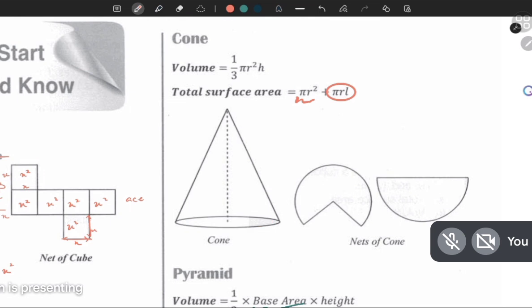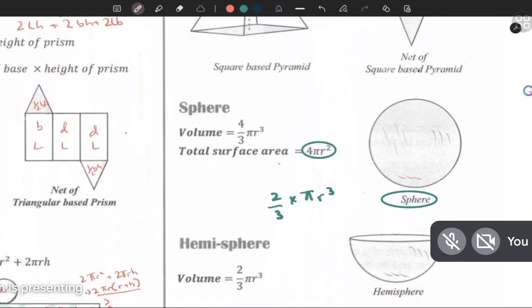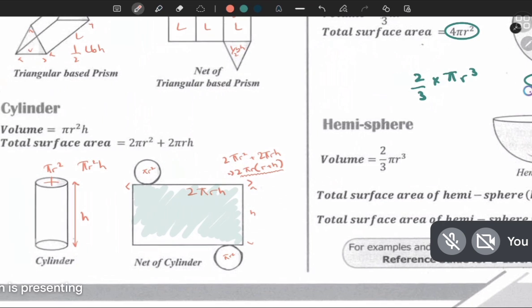And then you have the sphere. For the hemisphere, we will take the hollow one, 2 pi r square. Why not 3 pi r square? Because we're not adding the circle beneath, which is pi r square. So we will take 2 pi r square. And for the cylinder we will take only 2 pi r h, which is this.